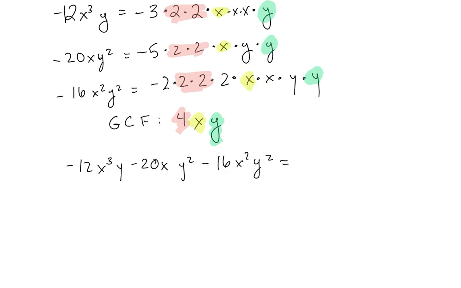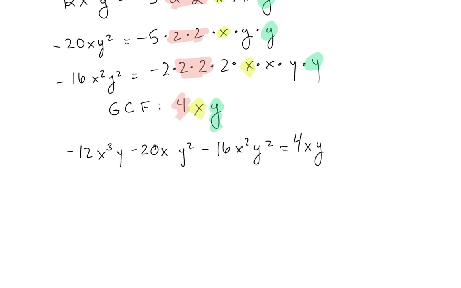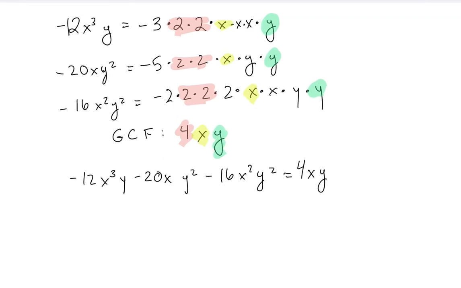Now I'm going to factor out the greatest common factor, with the letter bits and the number bits, which is 4xy. Really, I could carry that negative as well. So I'm going to factor out the greatest common factor with that negative out in front too, because then my answer in the brackets is going to be positive, which feels nice on my brain personally.